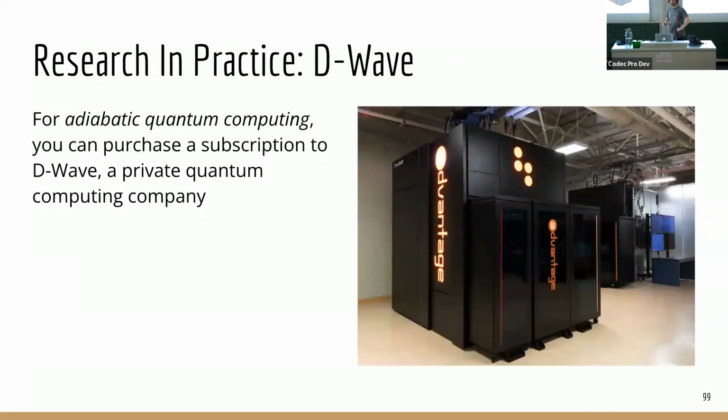For adiabatic quantum computing, there is a widely known and commercially available service where you can actually purchase a subscription and send it your binary vector optimization problem. It's this private company, D-Wave. Their entire model is we have these quantum computers called quantum annealers, and you send us your problem and we will send you back what our quantum computer calculated.